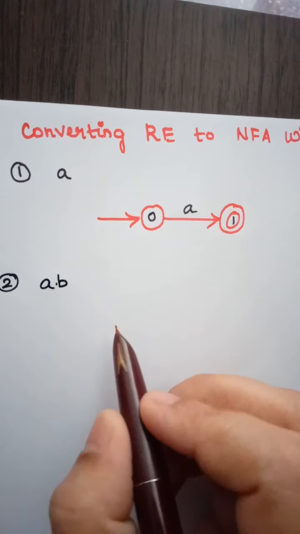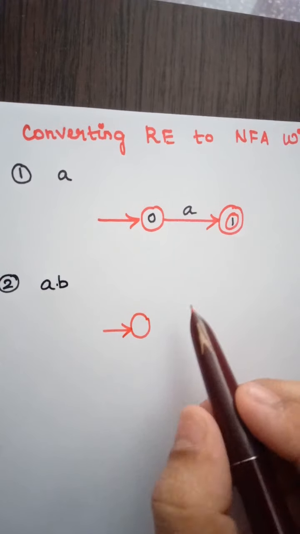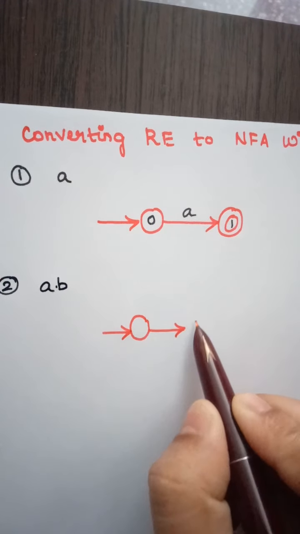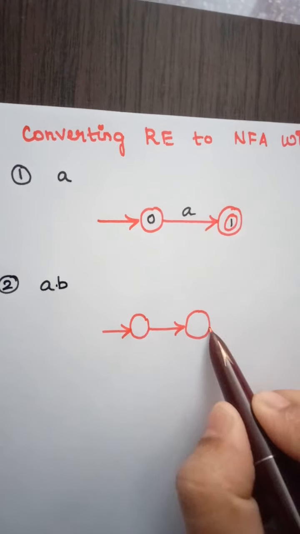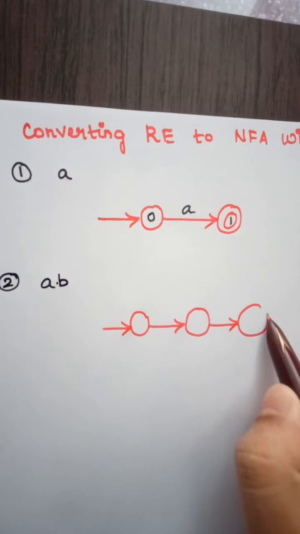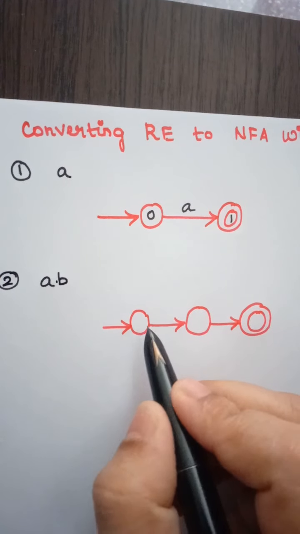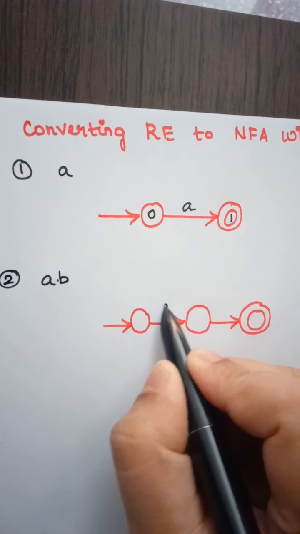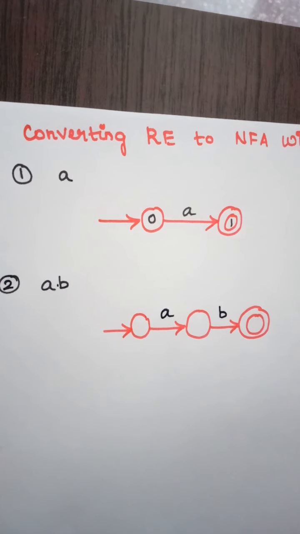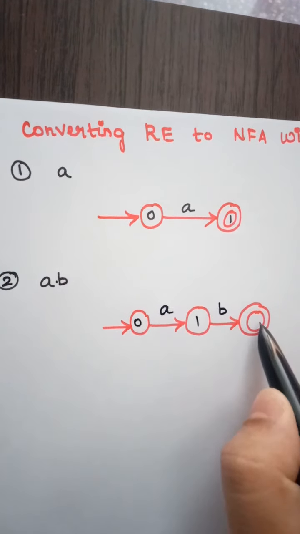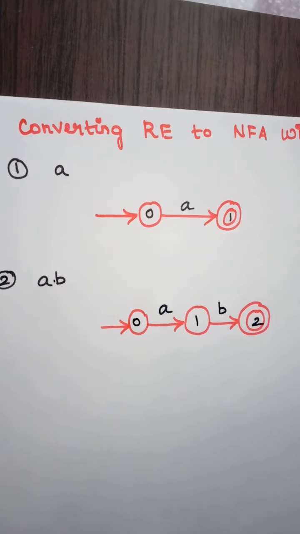This is the initial state, and from this state to another state a transition occurs on input symbol A, and from here to here we have input symbol B. I'm naming these states 0, 1, 2. This is for concatenation.